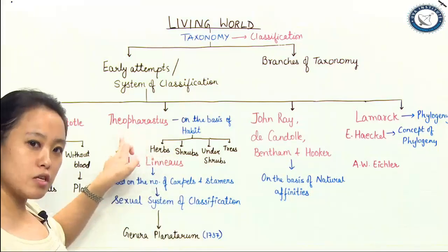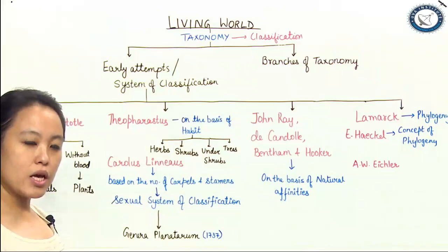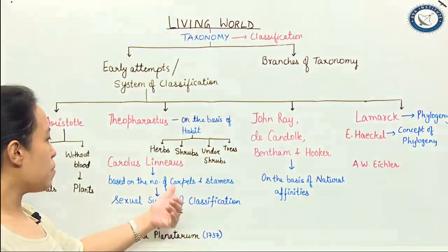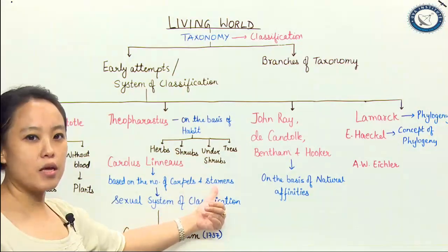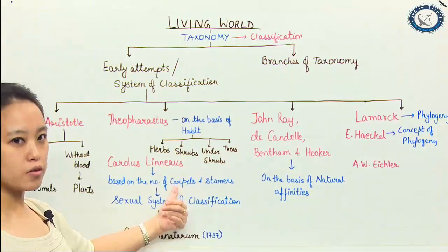On the basis of this information, it was Carolus Linnaeus. He further identified plants on the basis of number of carpels and stamens, male reproductive structure and female reproductive structure.